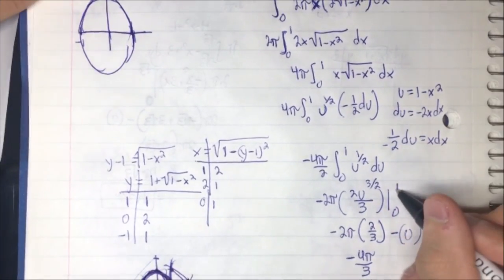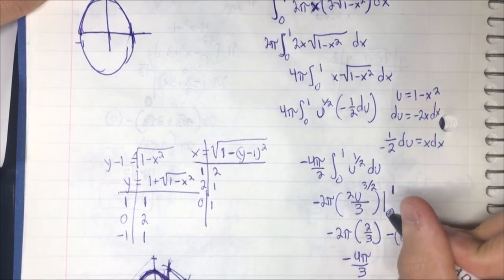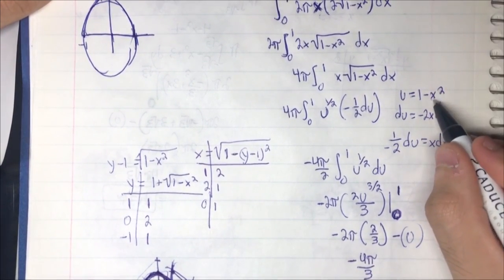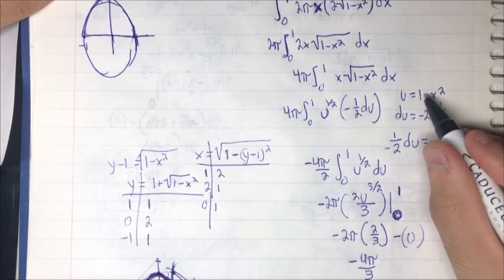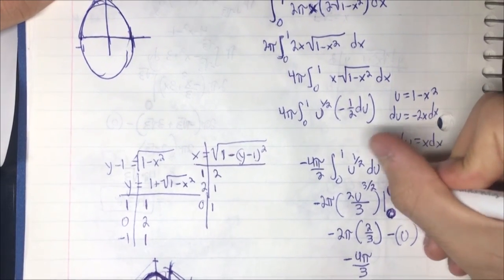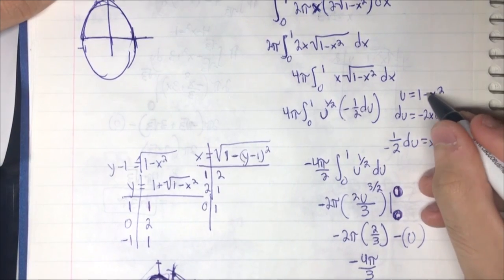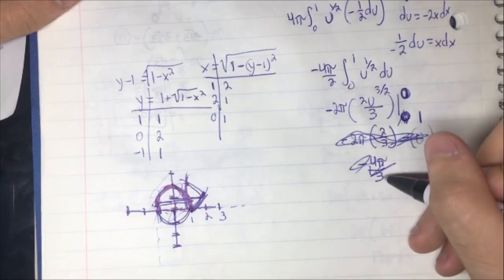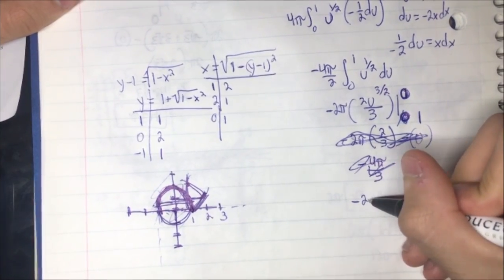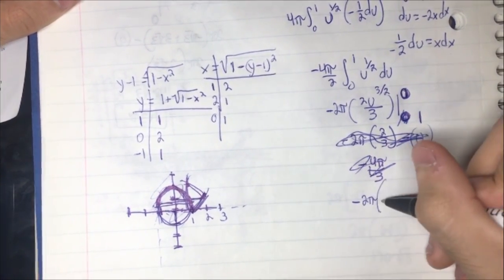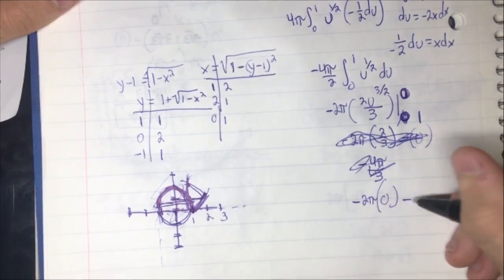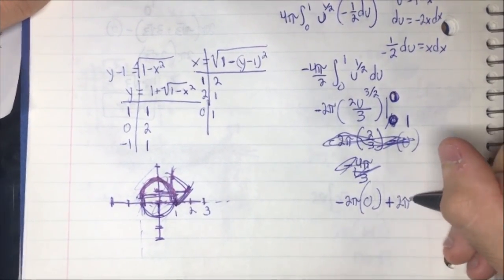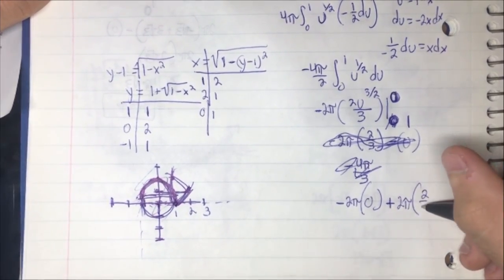Okay, I see. The 1 and the 0, I forgot, you have to plug that back into the u substitution. So 1 squared, 1 minus 1 is 0, so that's 0, and then plugging in 0, that would be 1 minus 0, that would just be 1. So this turns to 1. Plug in the 0, that would be negative 2 pi times 0, so minus negative 2, so that turns into a positive, and then you plug in the 1, so that would be 2 over 3.